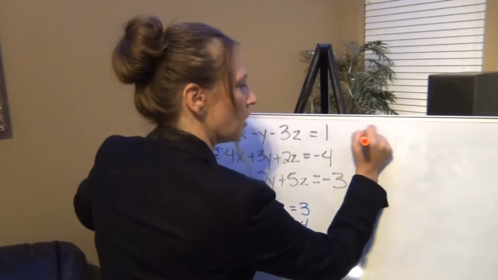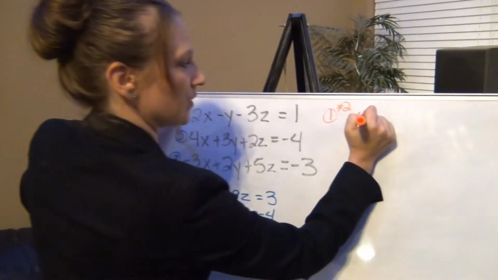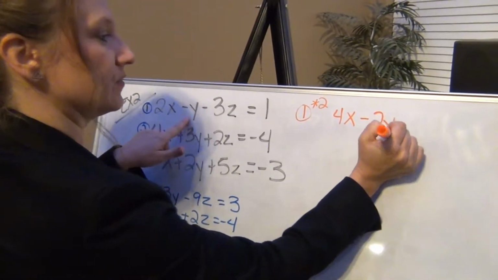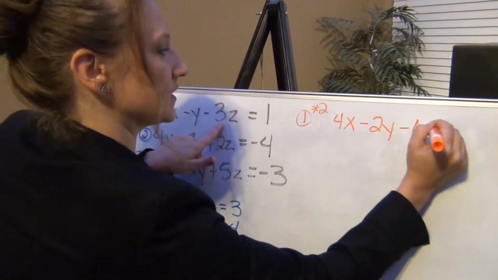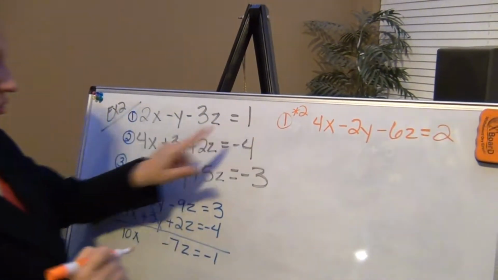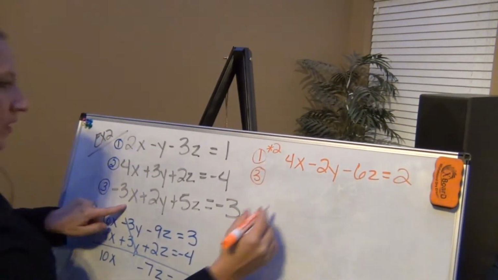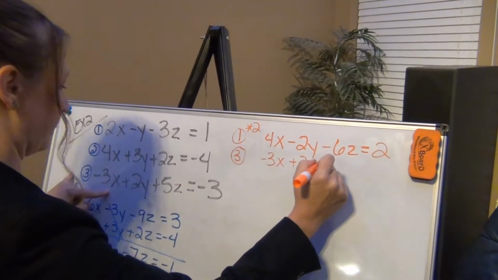So I'm taking row 1 and I'm multiplying it by 2. So that's going to leave me with 4x times 2 will be negative 2y, times 2 will be negative 6z, and times 2 will be 2. I'm bringing over row 3, so I'm just copying it over because I'm about to add these together.